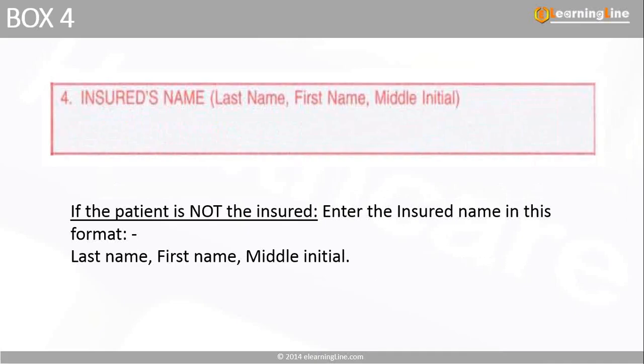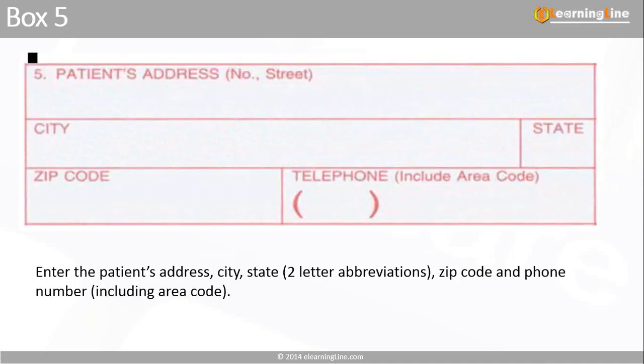If it is the patient, the patient name will be represented here. But if it is not the patient and it is a spouse or a dependent, then whoever is submitting this form, the physician office, needs to add the subscriber name under that. That's why it says insured name.